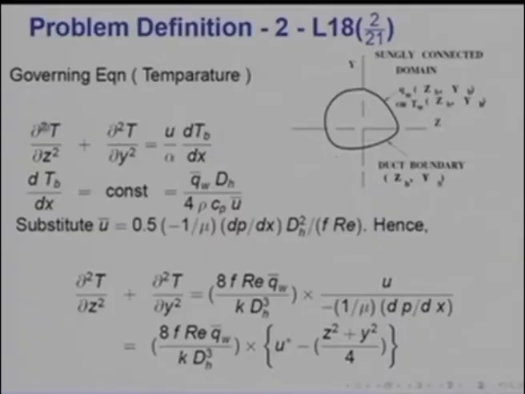The governing equation will be d2T/dz square plus d2T/dy square equal to u fully developed divided by alpha, the thermal diffusivity, into dT bulk by dx, and by overall heat balance you will see dT bulk by dx is a constant given by q wall bar P by rho u bar Cp A, that is q wall bar d h by 4 rho u bar Cp, and q wall bar is the average constant heat flux along the axial distance.